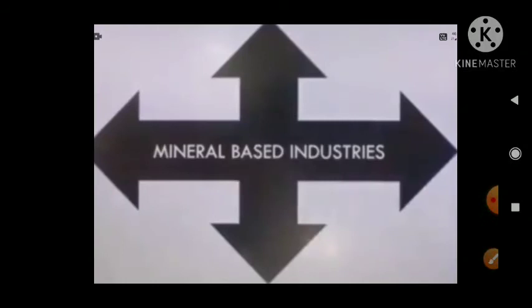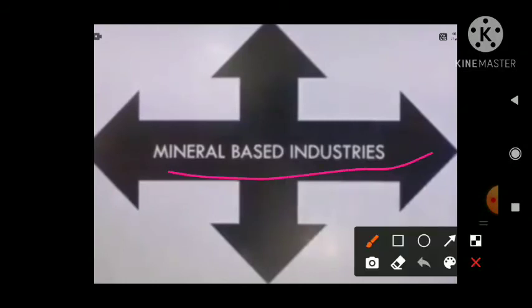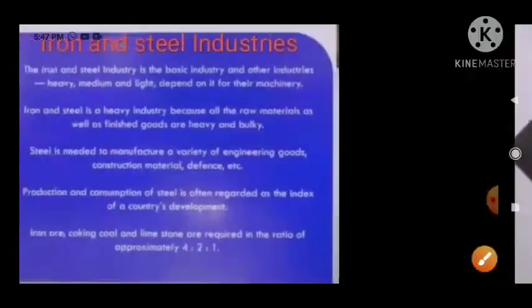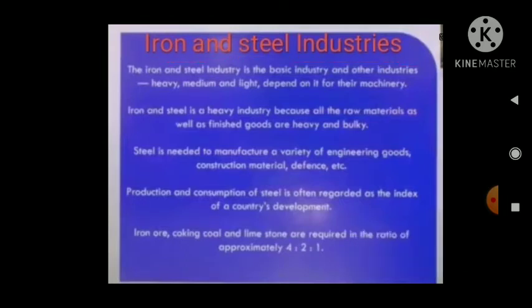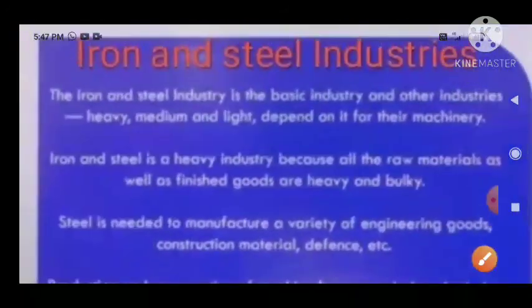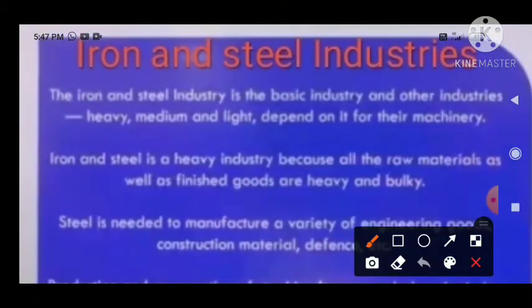Now the other topic in this lesson is mineral based industries. The first mineral industry is the iron and steel industry. Wow, this is my favorite industry. So let's move. The iron and steel industry is a basic industry, and other industries, heavy, medium, and light, depend on it for their machinery.